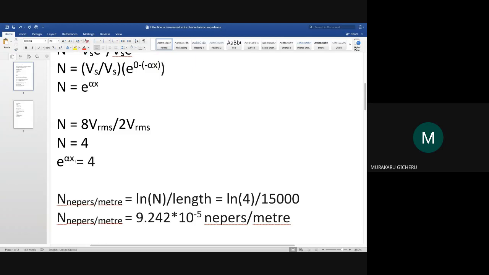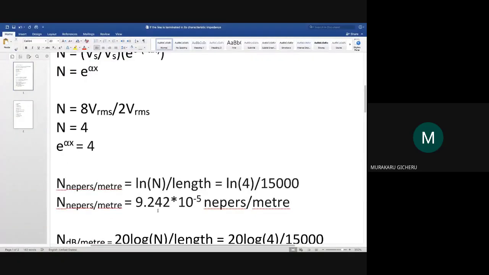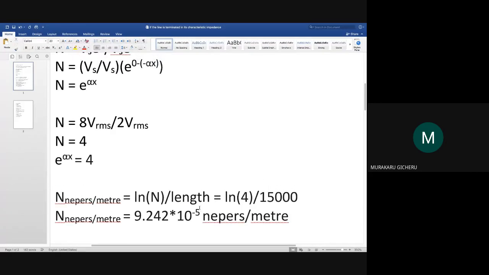So to get alpha x, we need to find the natural log of 4, divided by the length, the per meter. So you'll end up getting natural log of 4 divided by 15,000. If you plug in 4 here, you're going to end up with 9.242 times 10 to the minus 5 nepers per meter.